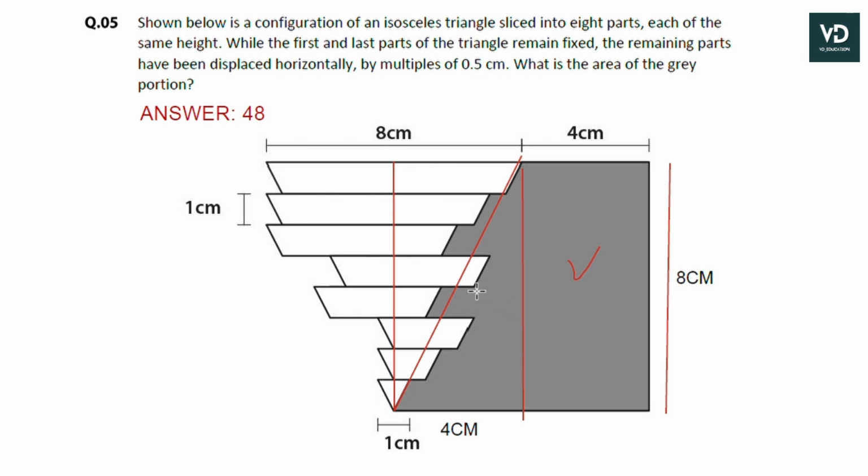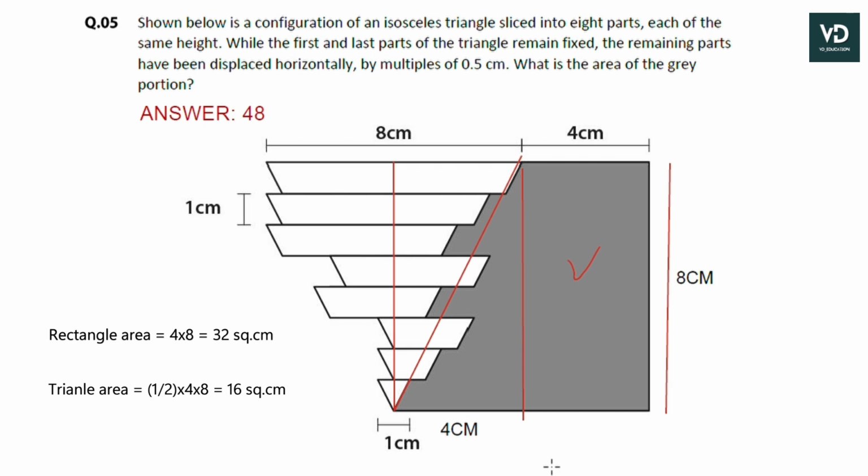We can see अगर जो sliced parts है उसको arrange किया जाता है, so we will get the particular triangle here. अगर उस sliced part को particular triangle में convert कर दिया जाता है, so shaded part will be one triangle area plus one rectangle area. So here we can calculate the rectangle area, like 4 cross 8 will be 32 square centimeter. Okay, and triangle area will be 16 square centimeter.